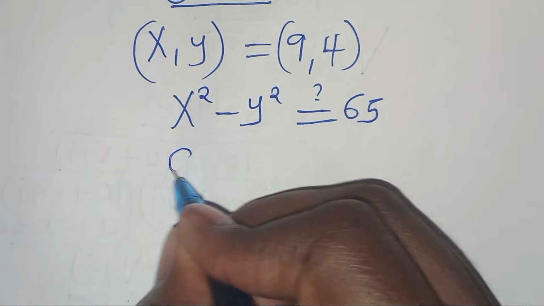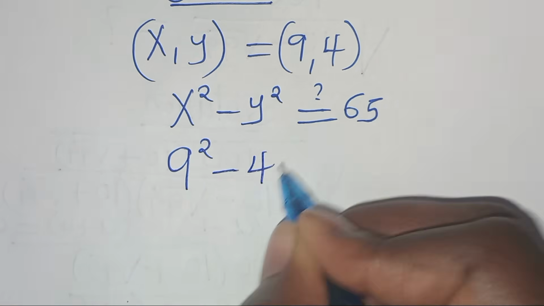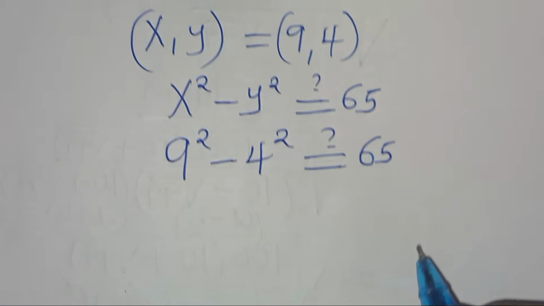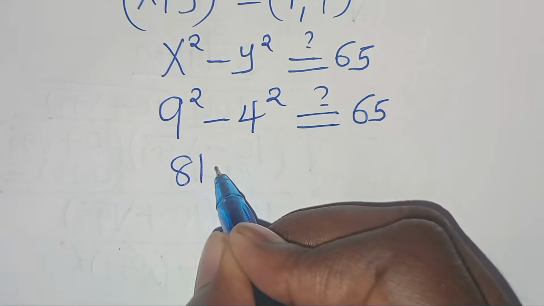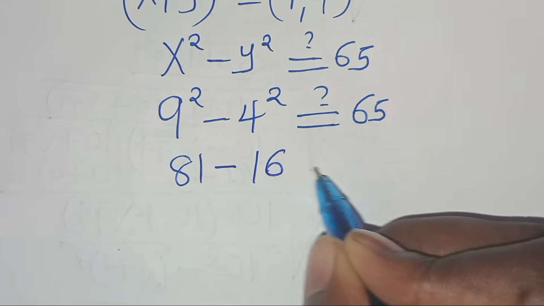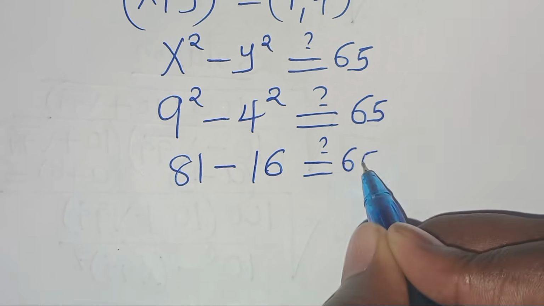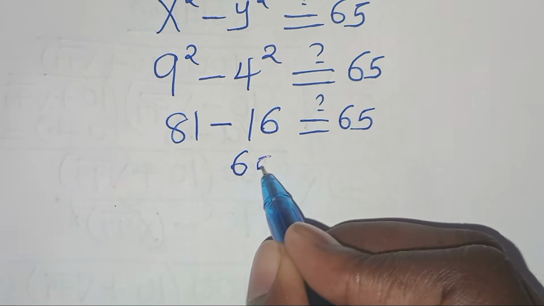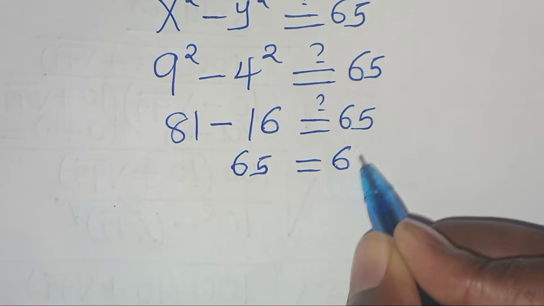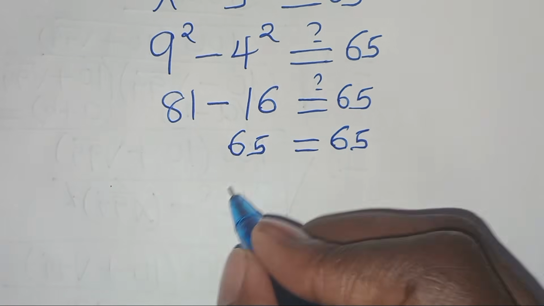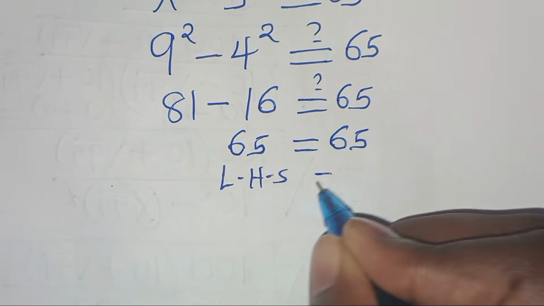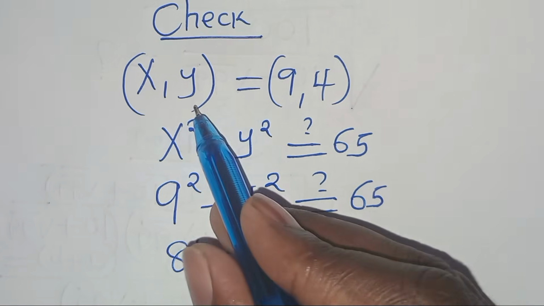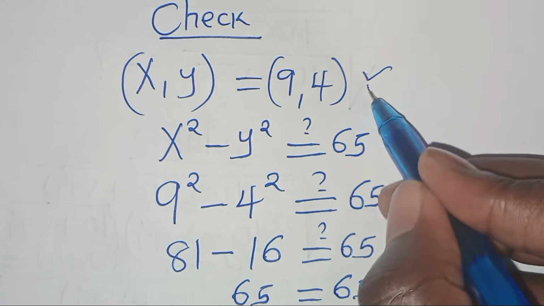So this is 9 squared minus 4 squared. 9 squared is 81, minus 4 squared, which is 16. 81 minus 16 is equal to 65. So the left hand side is equal to the right hand side, and this affirms that x, y equal to 9, 4 satisfies the equation.